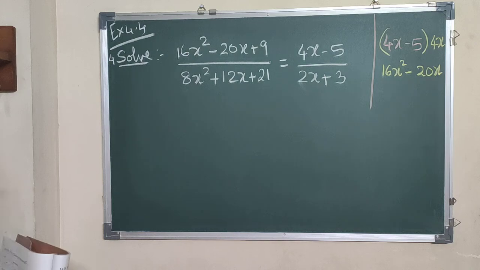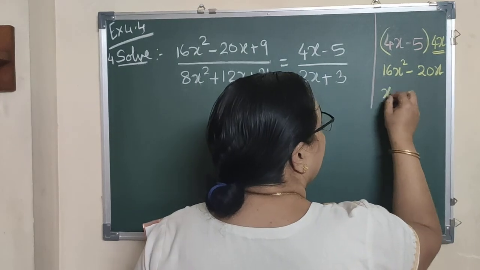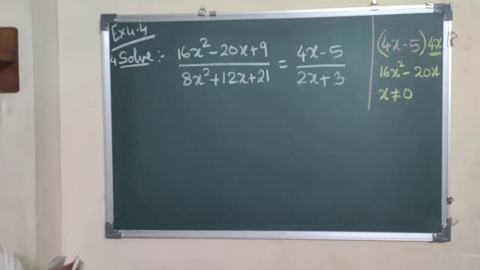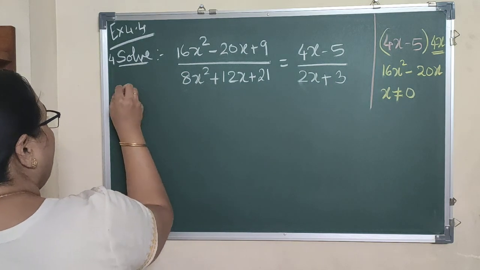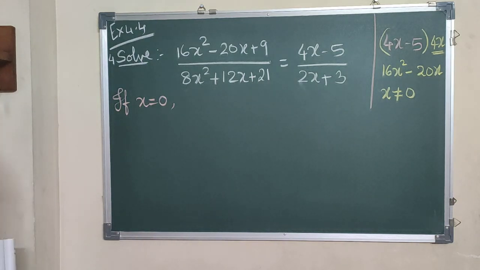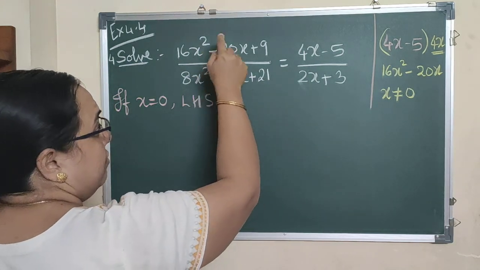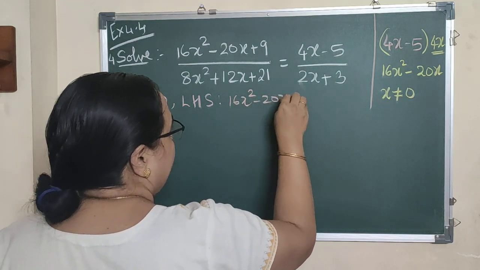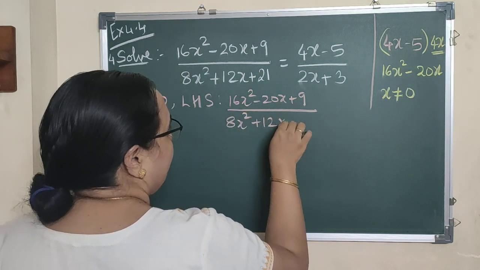But before I multiply by 4x, I have to conclude that x is not equal to 0. So before we conclude that, we have to check what happens if x is equal to 0. If x is equal to 0, the LHS part becomes, put x as 0, (16x squared minus 20x plus 9) upon (8x squared plus 12x plus 21).